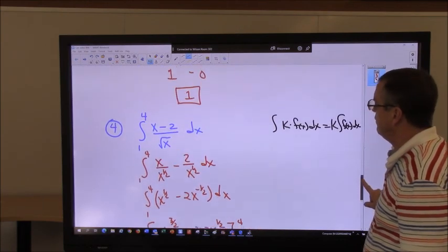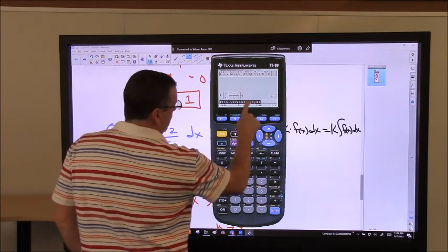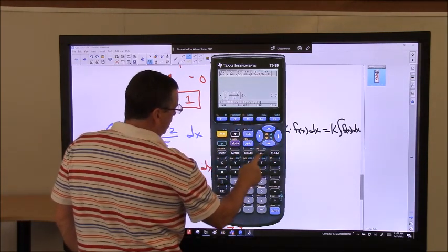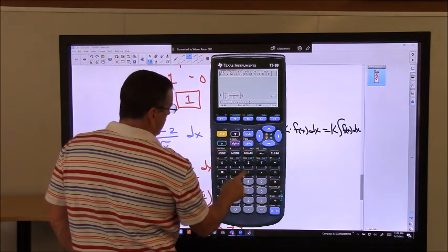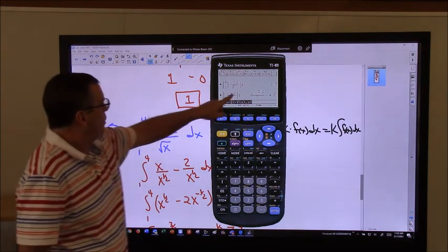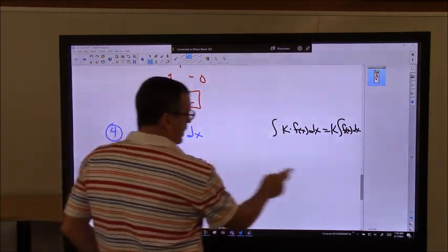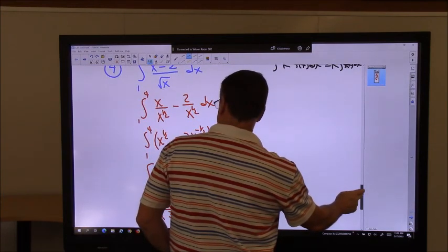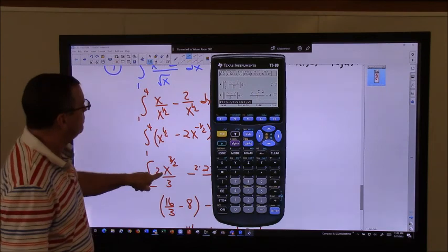If we go back and look at the calculator, if I take off that 1 to 4, let me just back up here, whoops, put the x back in. See, now it's just going to do the integral for me. So 2/3 x to the 3/2, that's what we got right here.